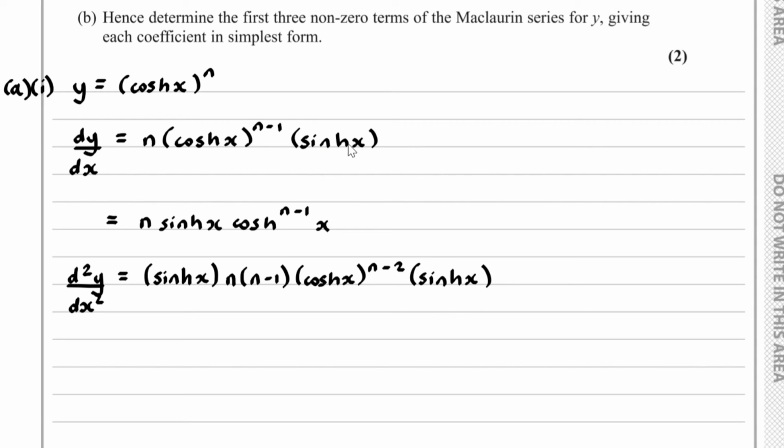So I've got v times u dash plus u, which is n times cosh x to the n minus 1, times the derivative of sinh x, which is cosh x.